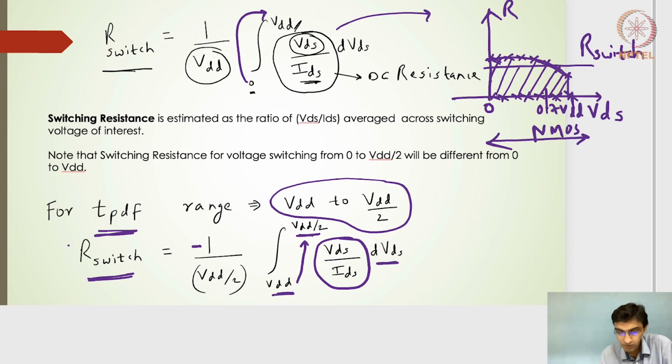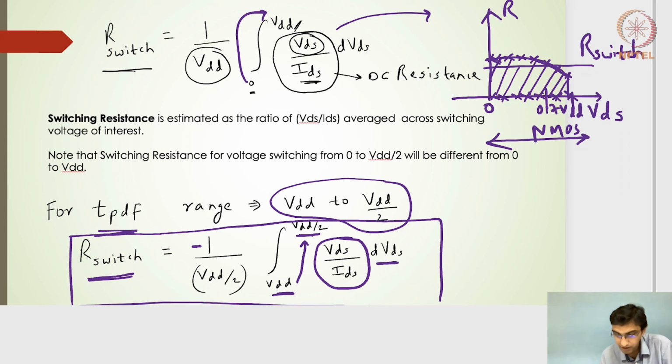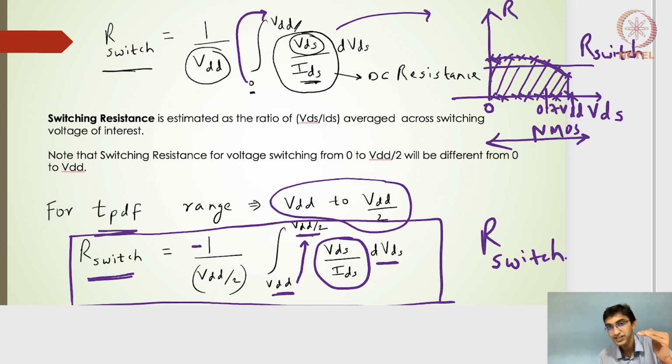So this is the expression for finding the switching resistance for evaluating the propagation delay, where the output node voltage goes from VDD to VDD by 2.